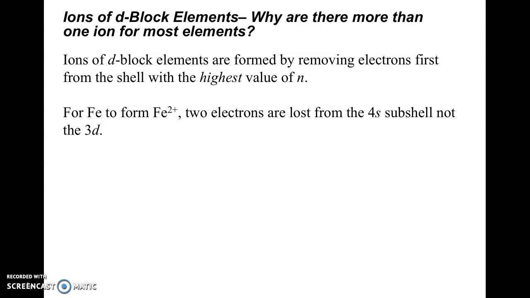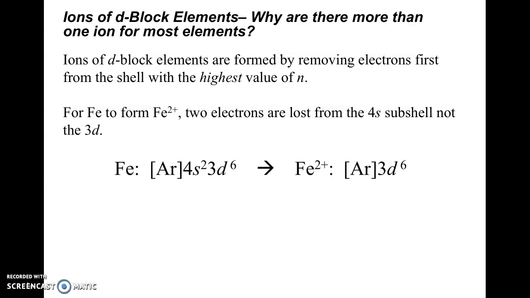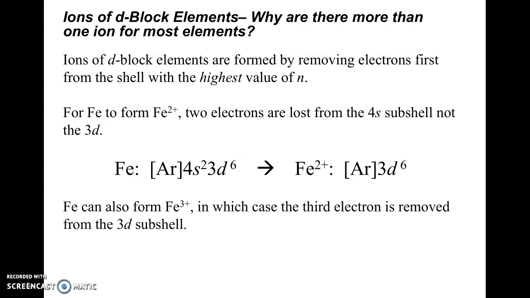In order to form an ion, we take off those 2 4s electrons, and we are left with an argon shell with a 3d6. If we want to form the iron 3+, then we have to take one more electron off, and that has to come out of that 3d subshell.